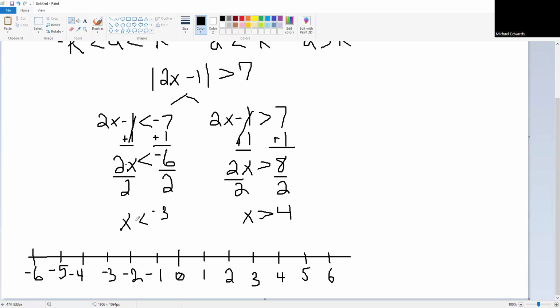So this one is x is less than, not less than or equal to, but less than -3. So find -3 and put an open dot on it. Now it's less than -3, so we draw our line this way. This one is x is greater than 4, not equal to, just greater than 4. So we have an open dot. And if it's greater than 4, we draw our line that way. Okay. So now we can write our notation.